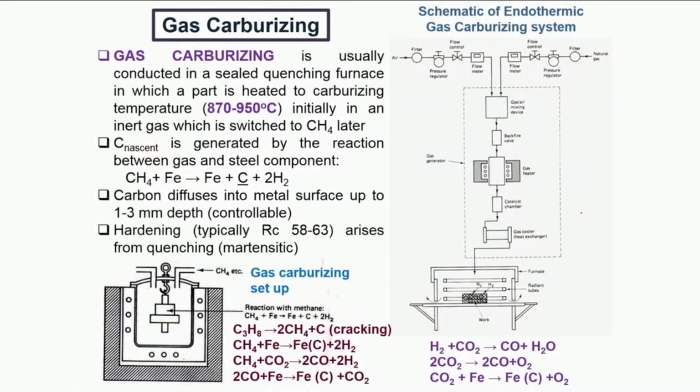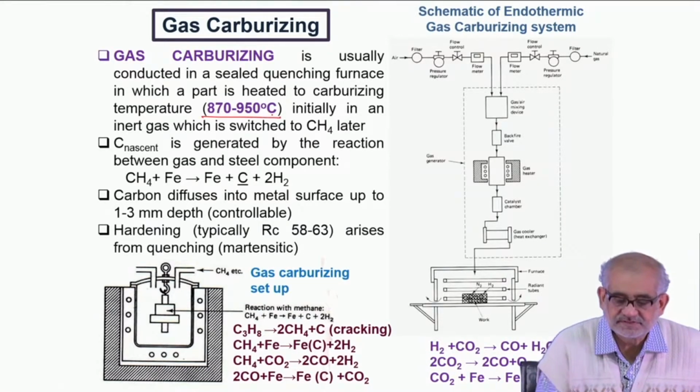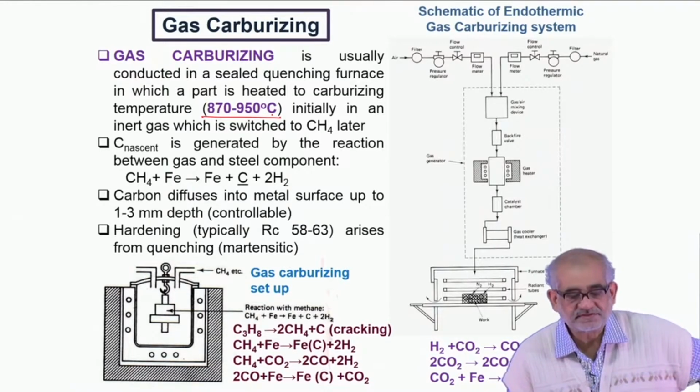Compared to that, gas carburizing is another process where the intention is the same, that we want to enrich the surface of a solid component with carbon to the tune of certainly more than 0.4 weight%, easily something like 0.6, 0.8 weight% carbon. The temperature of treatment is 870 to 950 degrees centigrade.